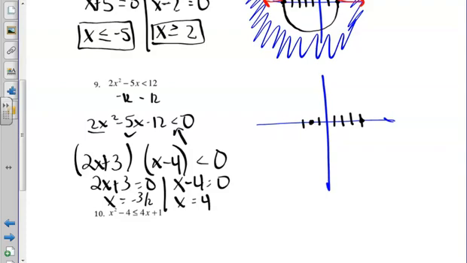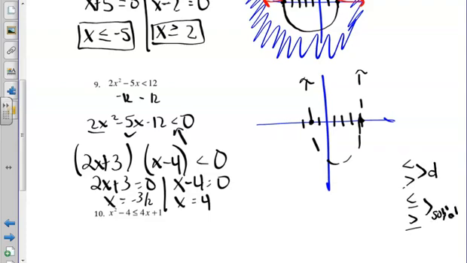So when an inequality is not equal to that 0, it's a dashed line. So I would sketch it just like this with a dashed line. So whenever it's greater than or less than, it's a dashed line. If it's less than or equal to or greater than or equal to, it's a solid line. So solid, these two would be dashed.